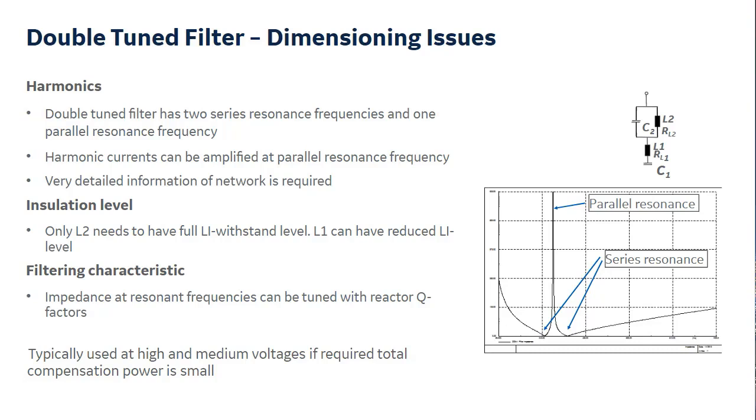This parallel resonance will be there. You will have series resonances. These series resonances are the tuning points of the filter, but between them you will have this parallel resonance. If you have harmonics between these tuning points, this can also amplify those harmonics.